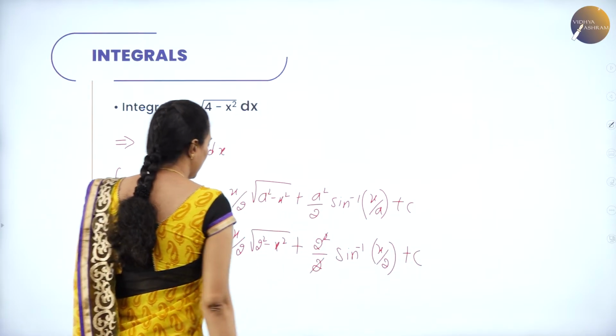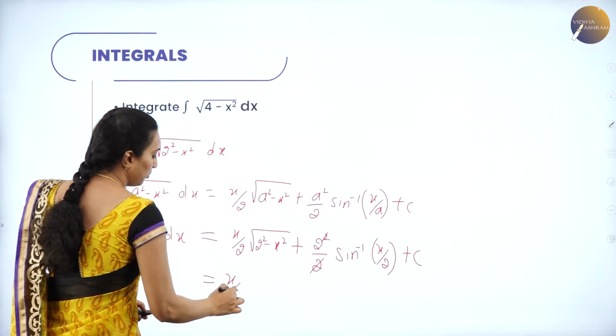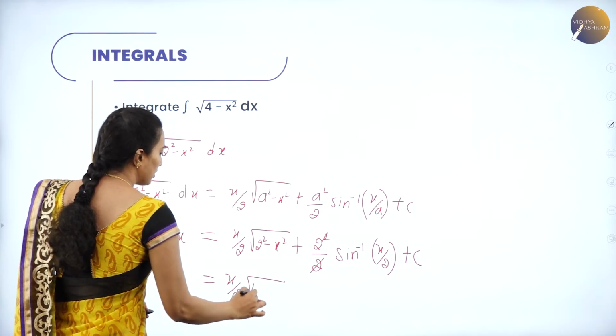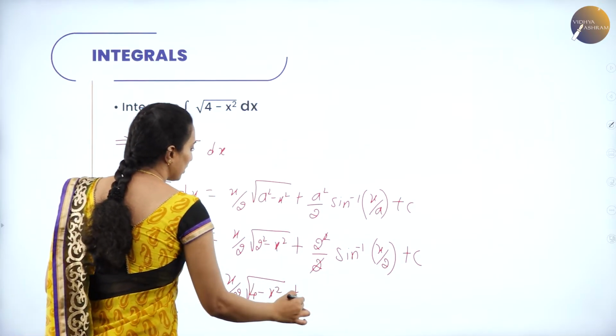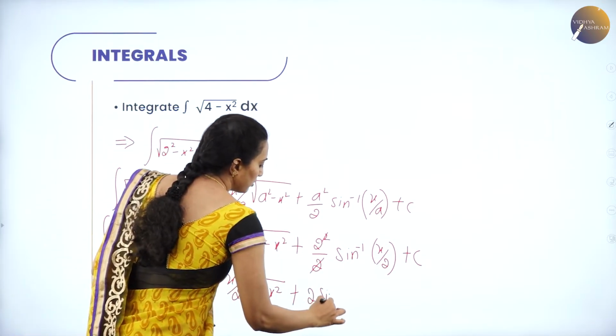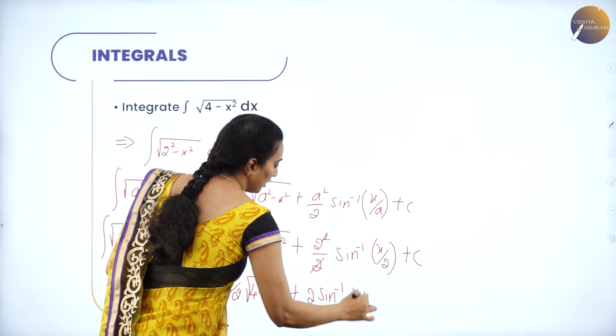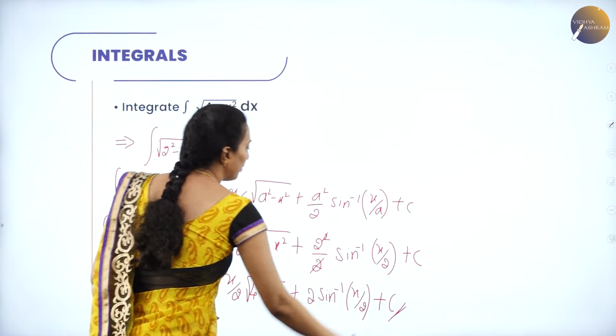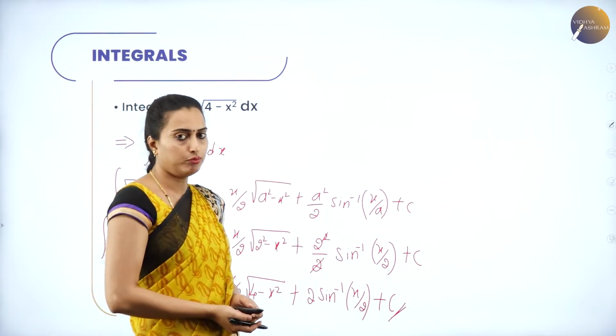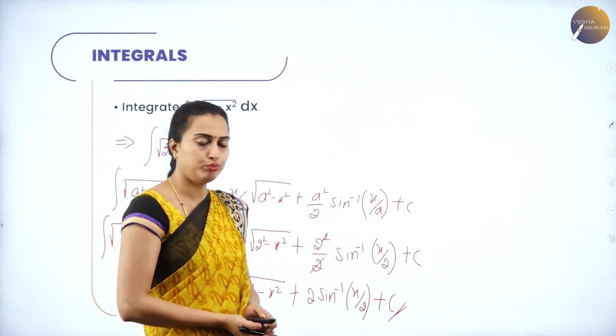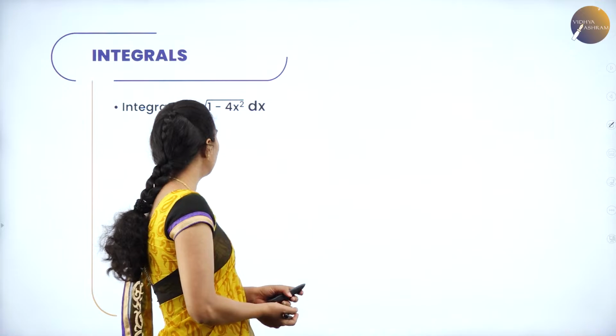Now 2 will get cancelled. You can have x by 2 into under the root 4 minus x squared plus 2 into sine inverse of x by 2 plus c. And this is a simpler problem they are going to give you along with the formula proof. Okay, now we'll be moving on to the next one.